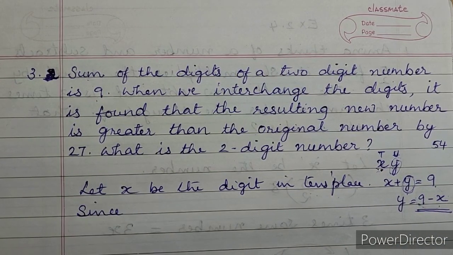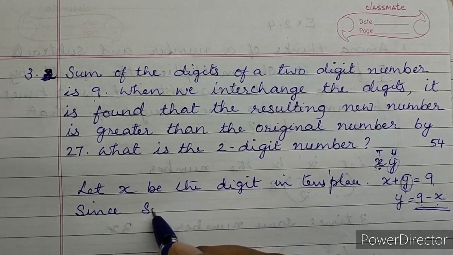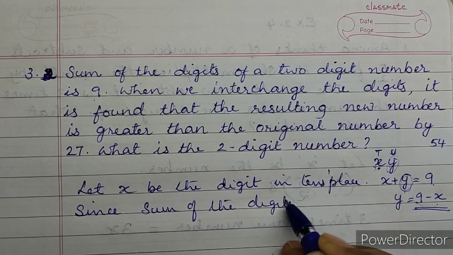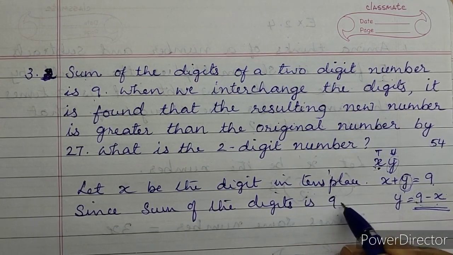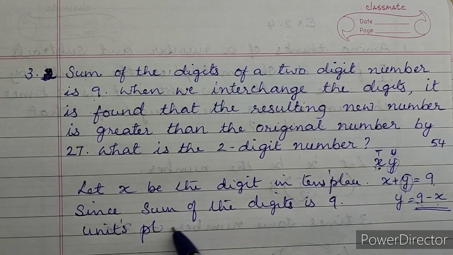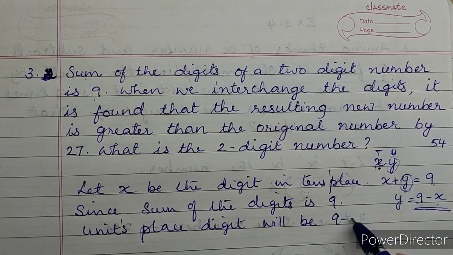Don't write y there. You can write everything in terms of x only. Since sum of the digits is 9, unit place digit will be 9 minus x.